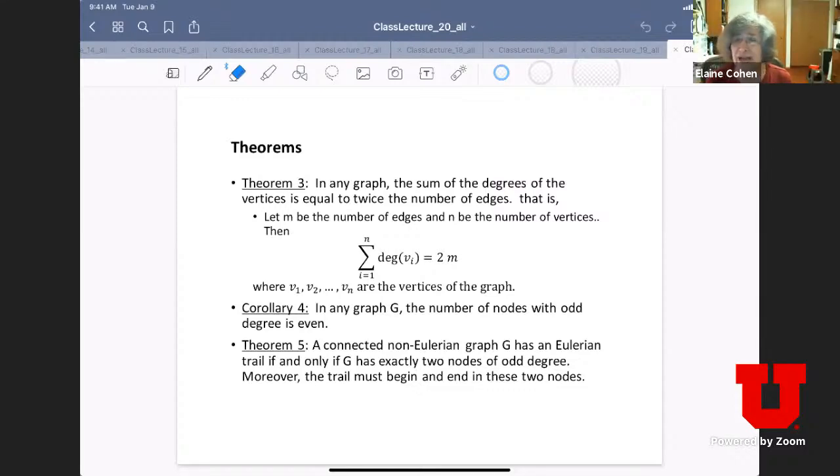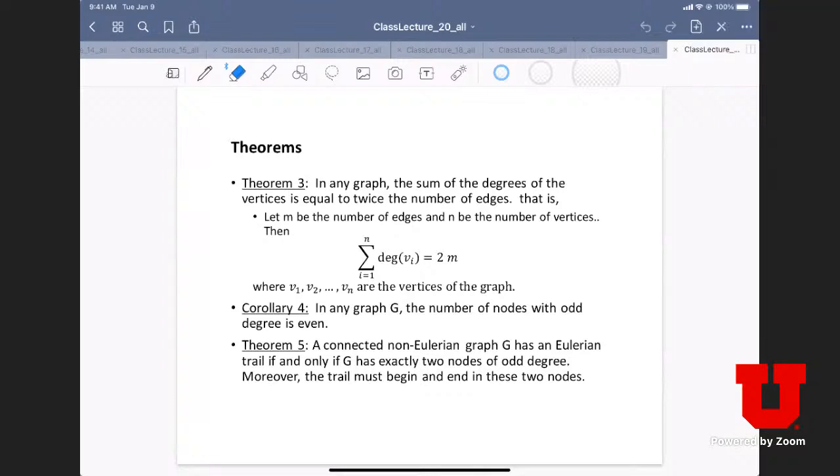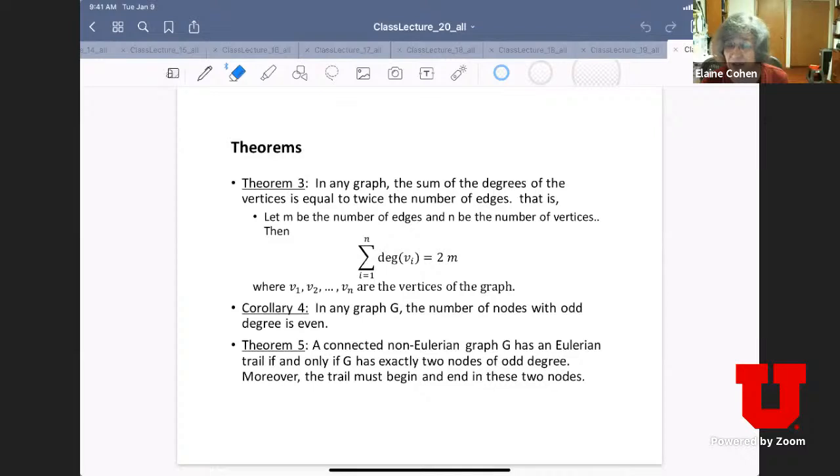Okay, well, let's start out and say, in any graph, we can divide up the nodes into the ones that have an even degree, and the ones that have an odd degree. Now, if the nodes have an even degree, then even plus even is even, so they sum to an even number. And if I subtract them from the total, then the sum of the nodes with odd degrees is even.